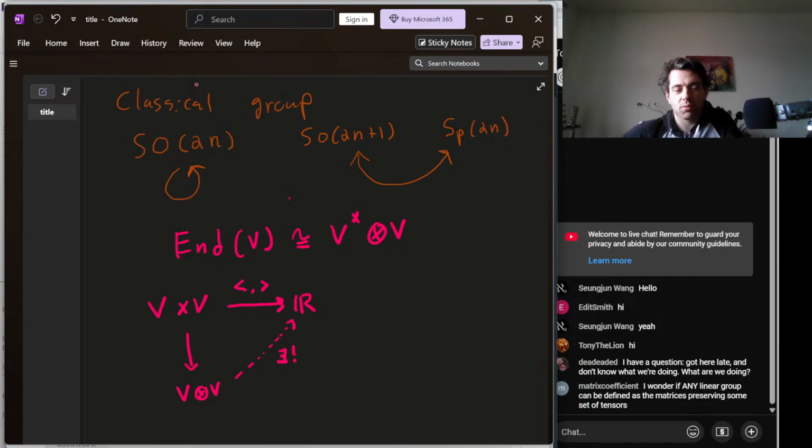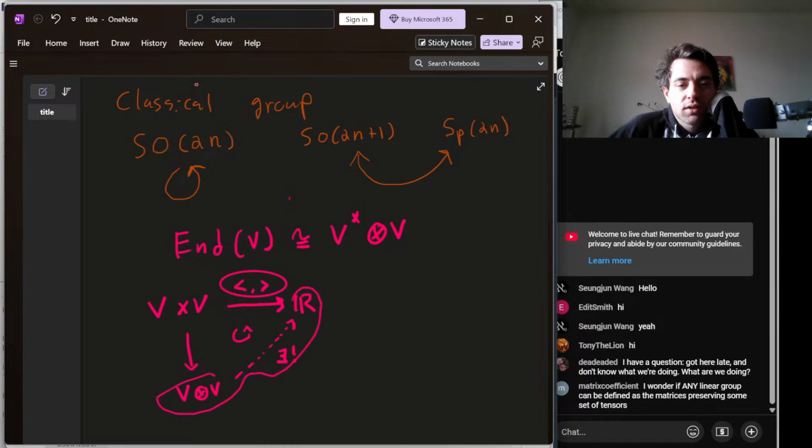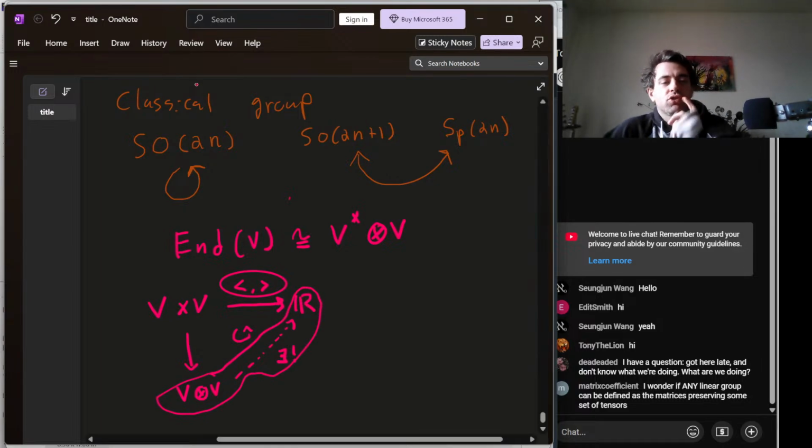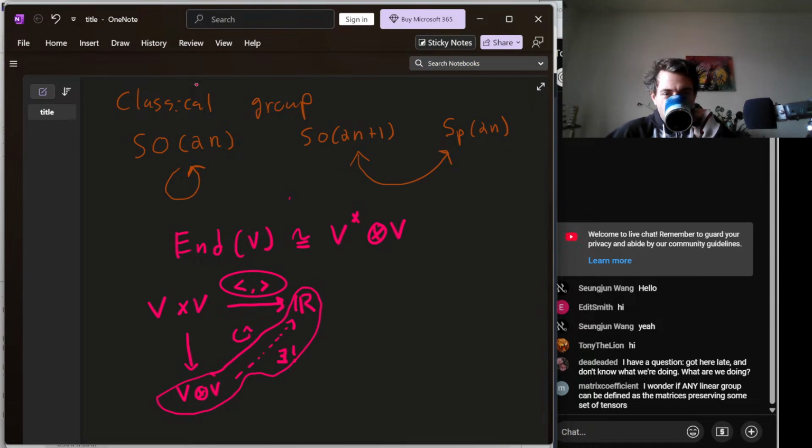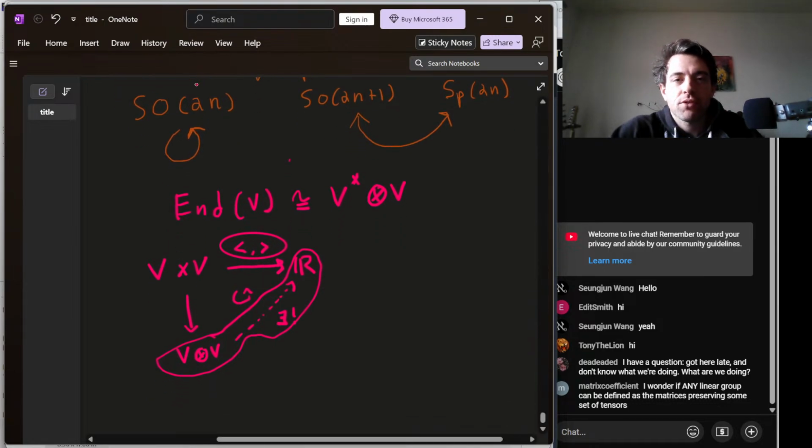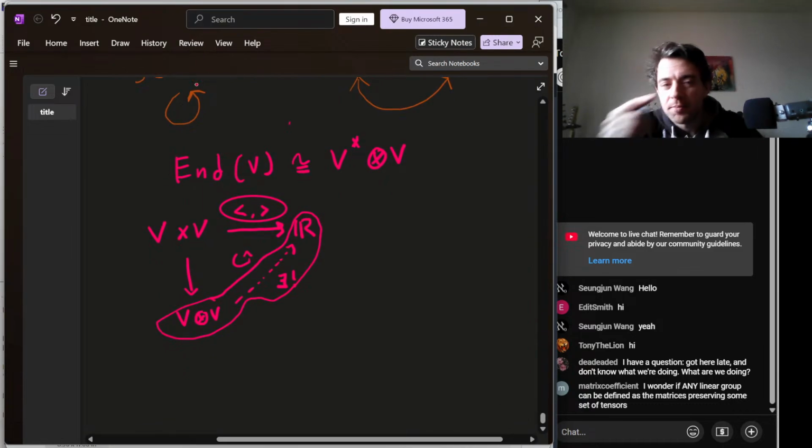Well, I've written this in terms of a map, rather. So what this means then is that, like, if you have a linear transformation that preserves this bilinear map, then I guess the induced linear transformation on the tensor product should also preserve this map you get on the tensor product, right?